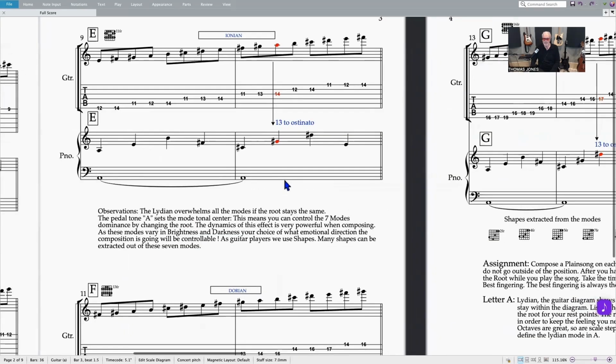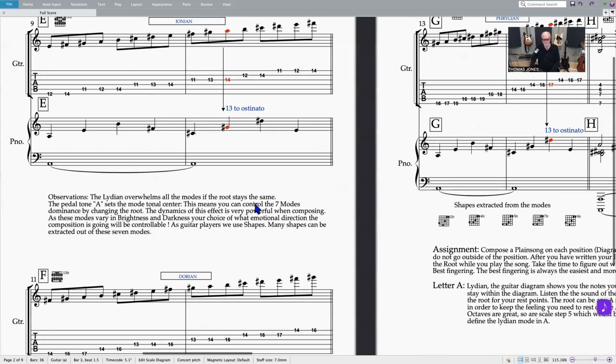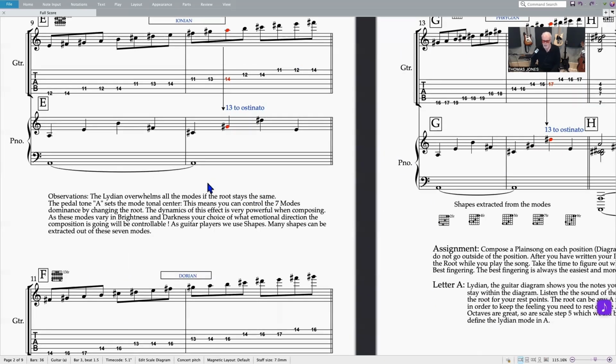So all of these modes are related. They're all related. And if you go to Music Interval Theory Academy and look at lesson 1, the matrix of modes is explained very easily, why it's lighter and darker.